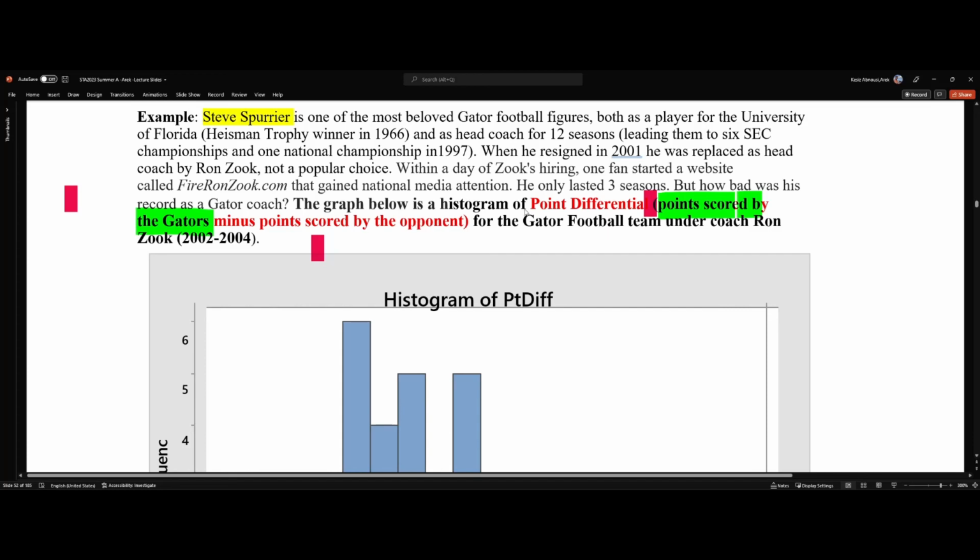If the point difference is negative, which means the Gators scored fewer points, it means the Gators lost, because in every game, if someone scores fewer points than the opponent, in other words, if he has a negative point difference, it means he lost.